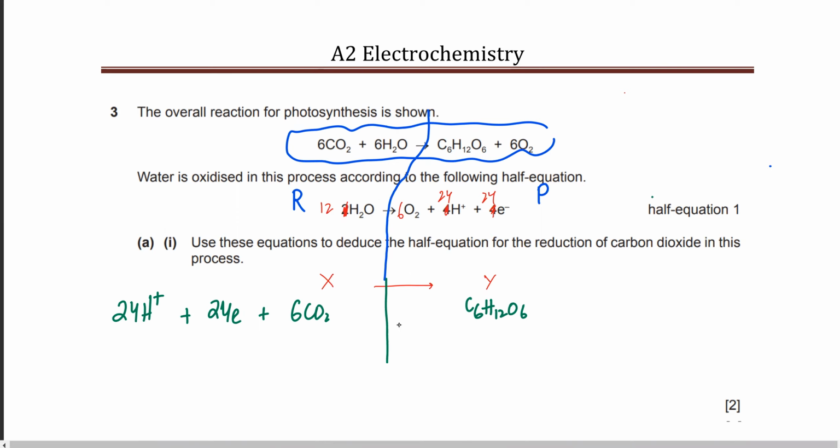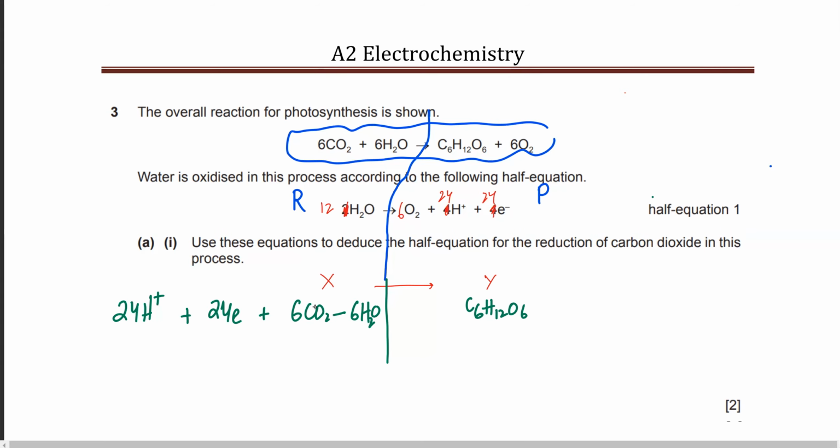And the final thing is that in my final equation, I've got 6 water molecules. If I add up the reactant side, I have 12 water molecules, which means I need to get rid of 6 water molecules.